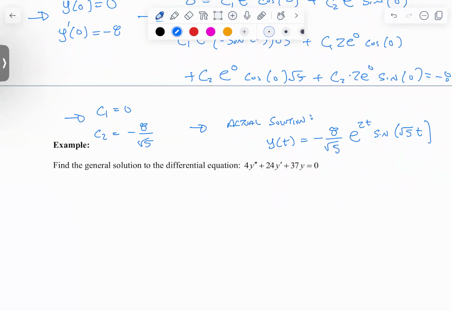Again, back to my favorite. The details in IVPs can be a little annoying here and there, but general solutions are always my favorite.